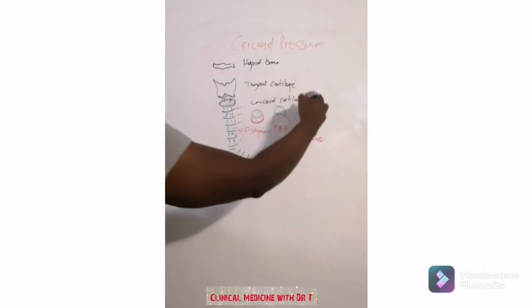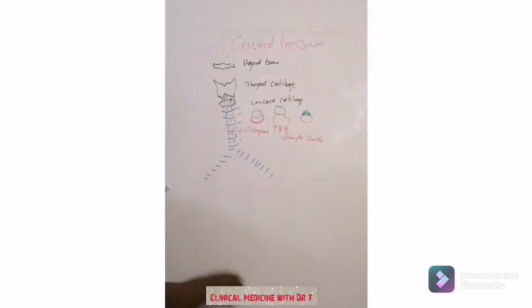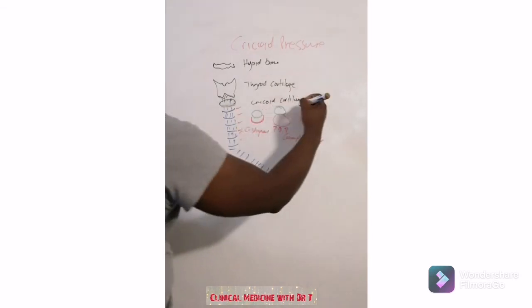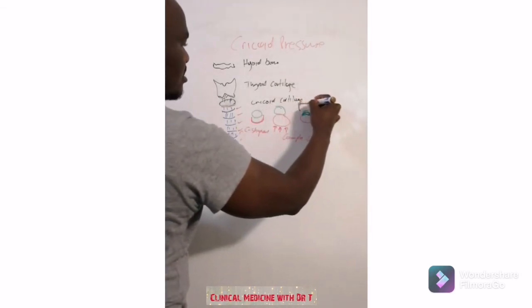At the back there you have a vertebra of the cervical spine, I'm not sure which one, maybe C6, let me not lie.